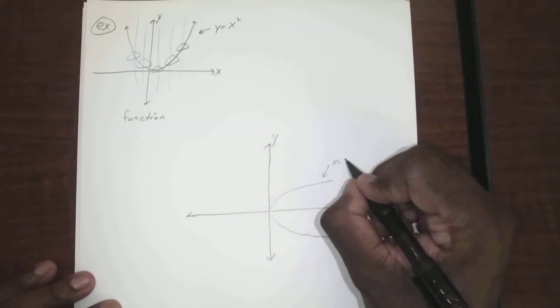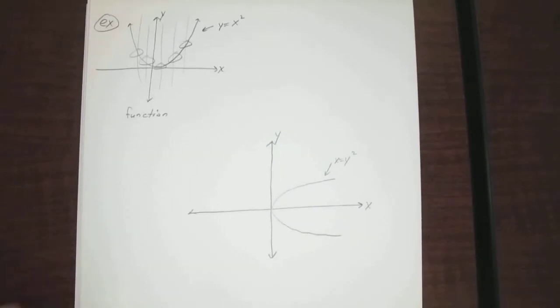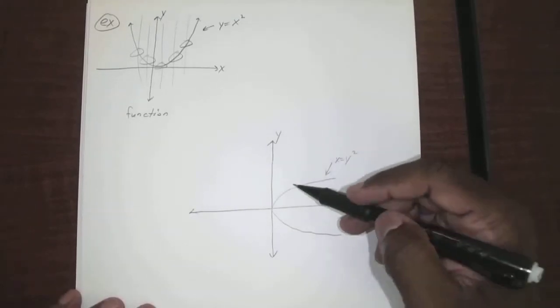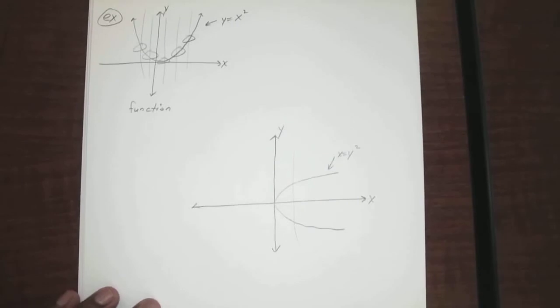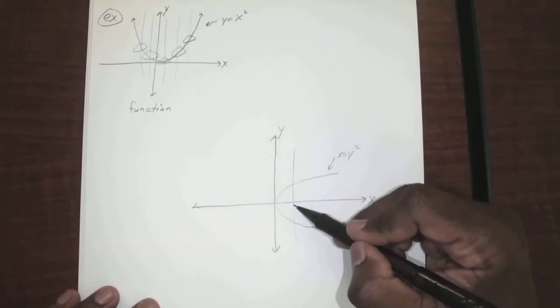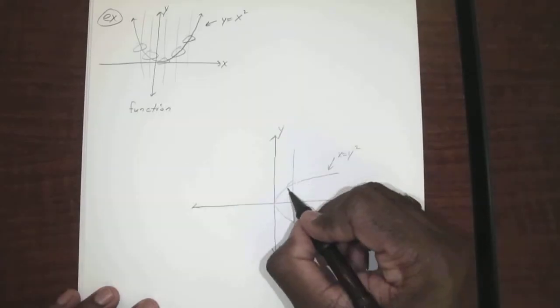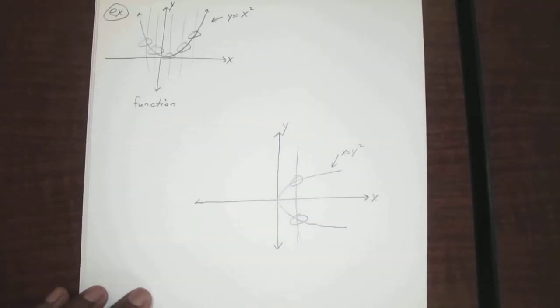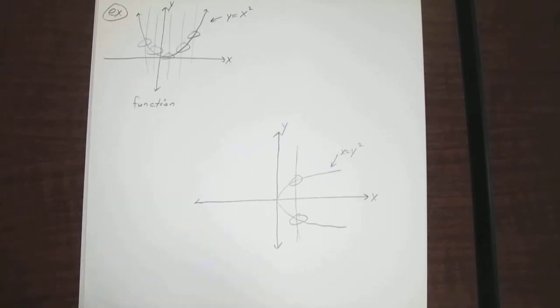Remember, anything with a y squared is going to be a parabola turned sideways. And as soon as you draw that vertical line, it crosses twice. So you know it's not a function.